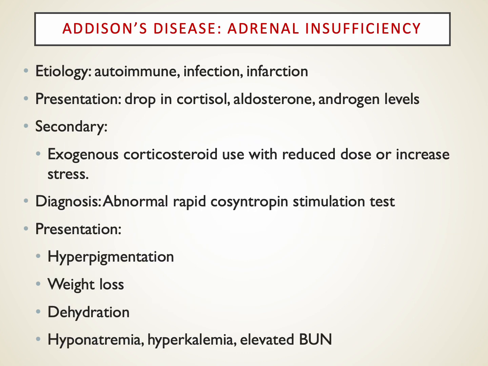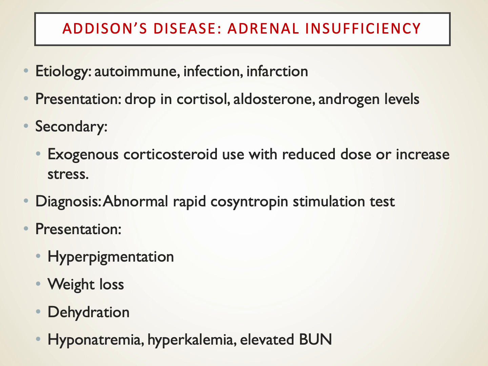For Addisonian crisis or Addison's disease with adrenal insufficiency, you want to look at whether it's autoimmune, whether there's an infection or an adrenal infarction. You'll see a drop in cortisol and aldosterone and androgen levels. It could be related to exogenous corticosteroids, which then stop, or it could be someone on chronic prednisone, but their stress level goes up and their cortisol requirement is higher than that prednisone dose gives them.